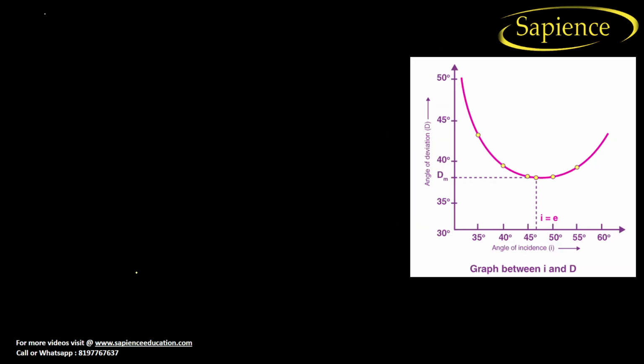Now let us consider the minimum angle of deviation. What is happening here is that as you increase the angle of incidence, the angle of deviation will decrease. But at a certain point, if you increase the angle of incidence further, the angle of deviation will start increasing.